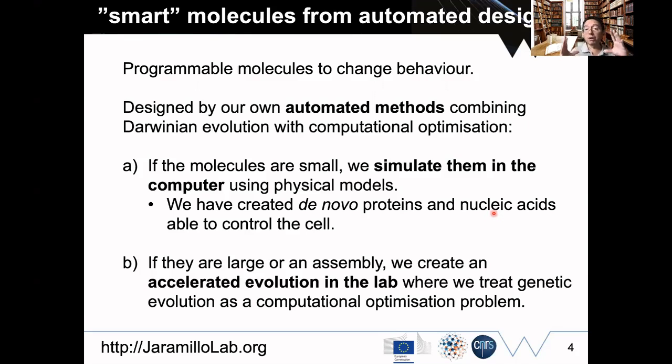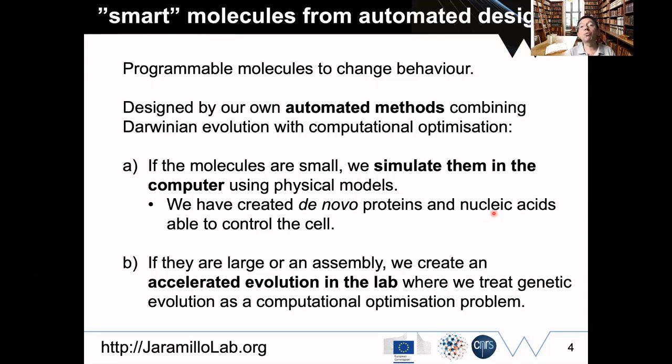Okay, so for that we have to simulate on the computer all the laws of physics for the molecules, and also how evolution works, because we use the same type of methodology that nature uses to produce complex matter like us, living organisms, and to use it to produce our multifunctional smart molecules. Therefore, this is the key thing, this automation of the design.